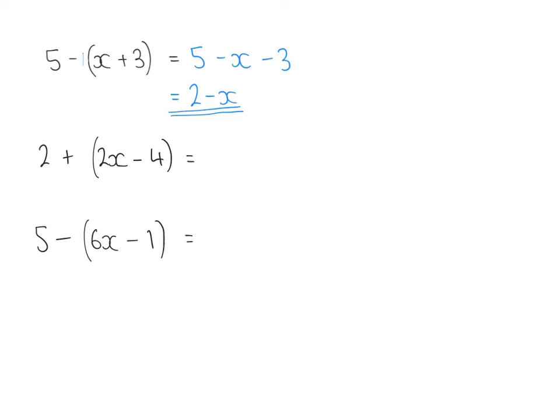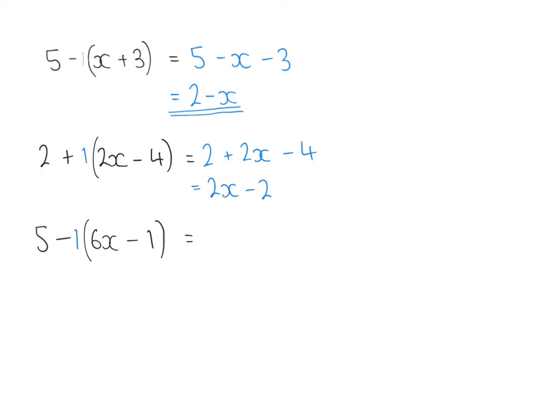Okay, so we're going to put these ones in the front here to help. So one lot of 2x, multiply that first one. 1 times 2x is 2x. And 1 times -4 gives -4. So we've got 2x, and then we've got 2 minus 4 is -2.